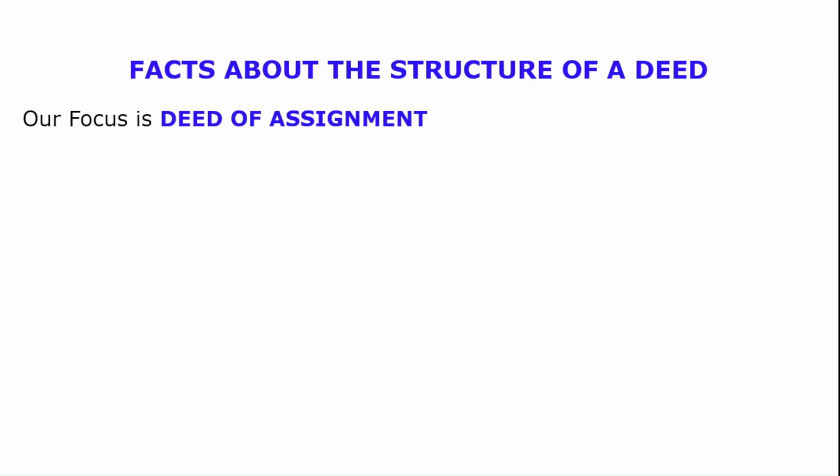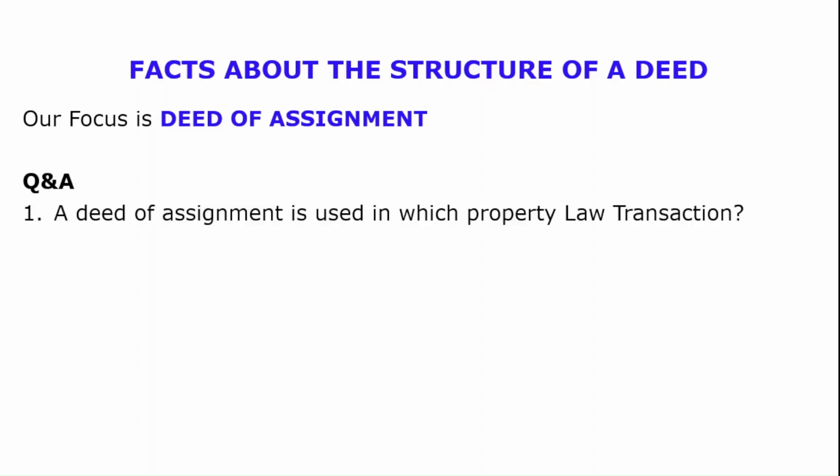So let's ask a few questions about deed of assignment. Our first question is: a deed of assignment is used in which property law transaction? Now, based on our explanation so far, you can confidently say it is used in a sale of land transaction. So I'm going to ask 3 more questions, and I want you to supply the answers in the comment section.